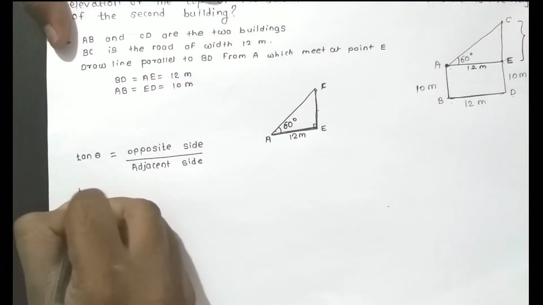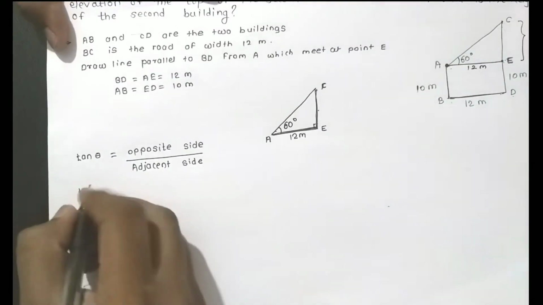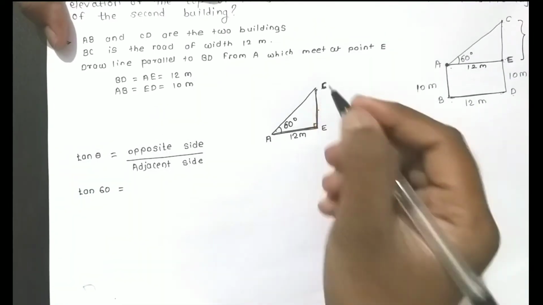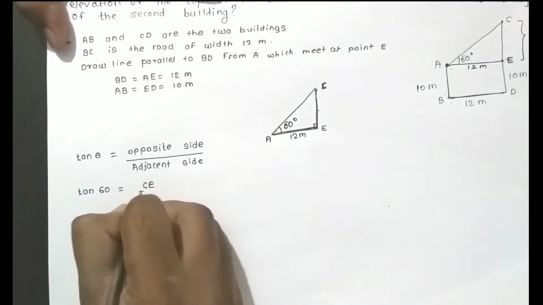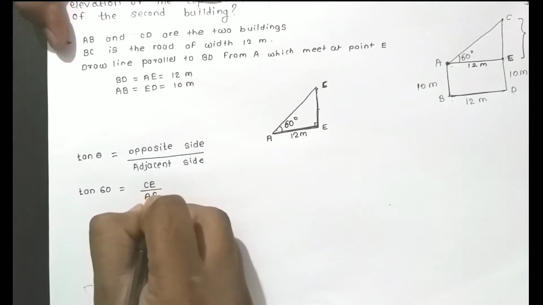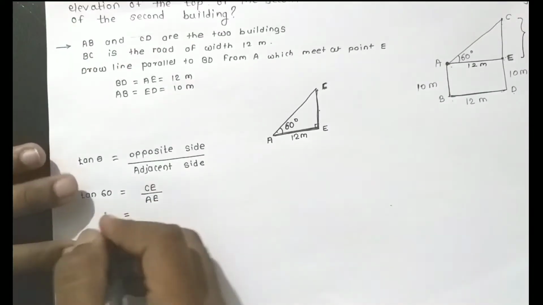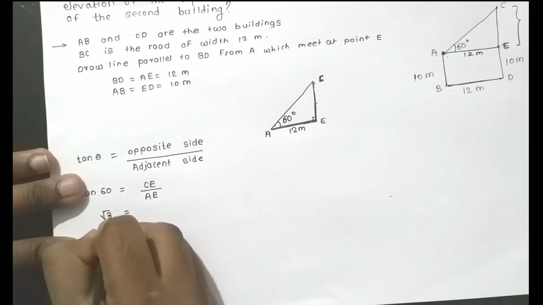So put the values. Tan 60, opposite side is CE, adjacent side is AE. The value for tan 60 is root 3, CE as it is, and the value of AE is 12.